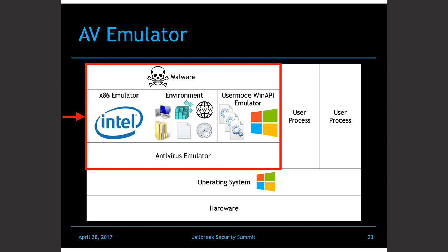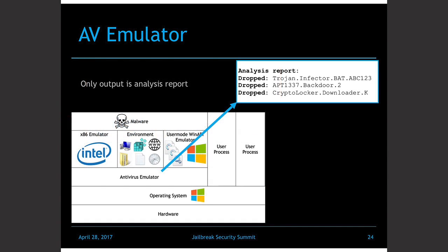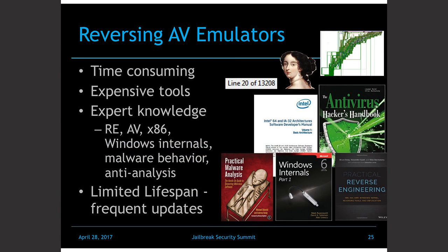This is all homegrown stuff in the AV company, probably obfuscated, probably encrypted, maybe in a non-standard custom binary format. It's all pretty much a black box and very hard to get at and hard to observe. And the only output you really get is an analysis report of what pieces of malware were detected when the malware binary was run.